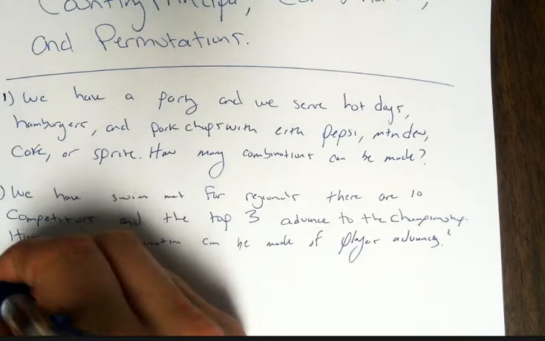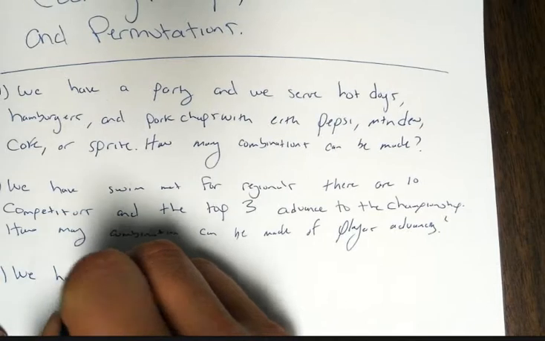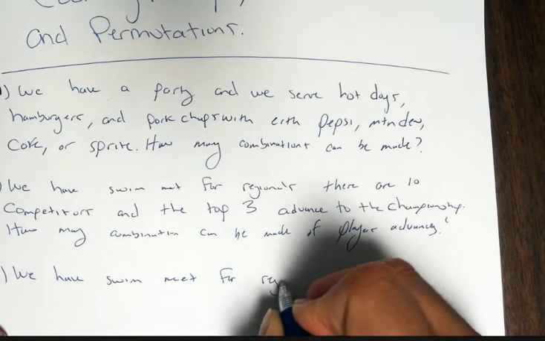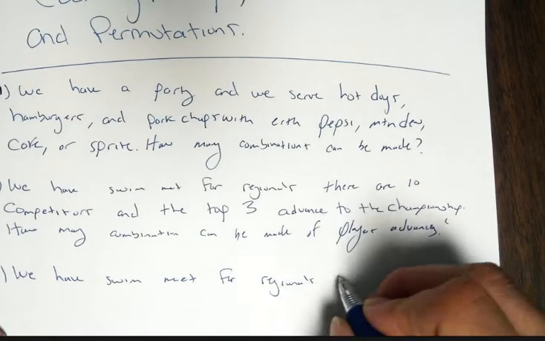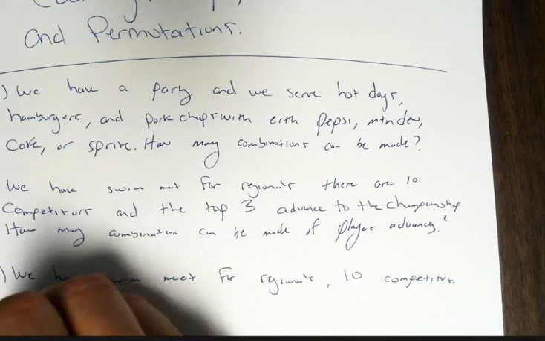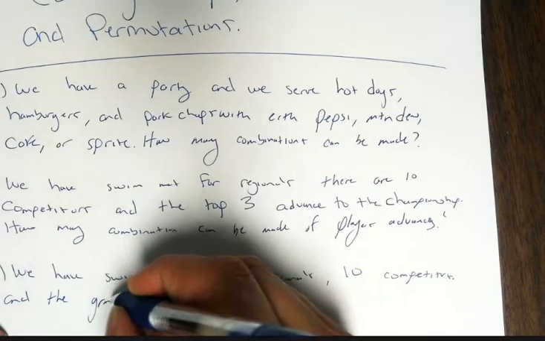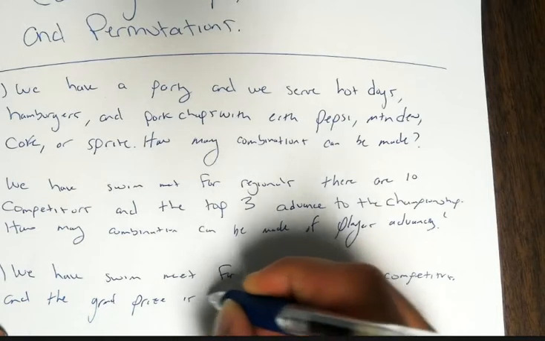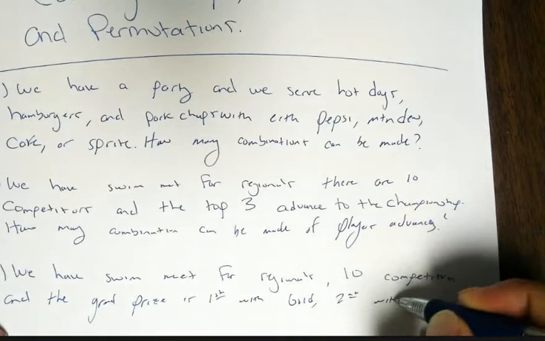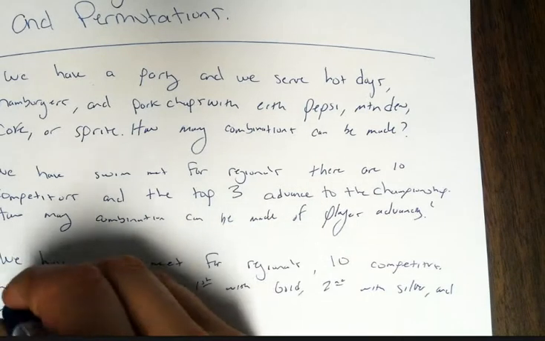Alright, and then our third one is going to be very similar to the second one. We have a swim meet for regionals, 10 competitors, and the grand prize is first with gold, second with silver, and third with bronze.